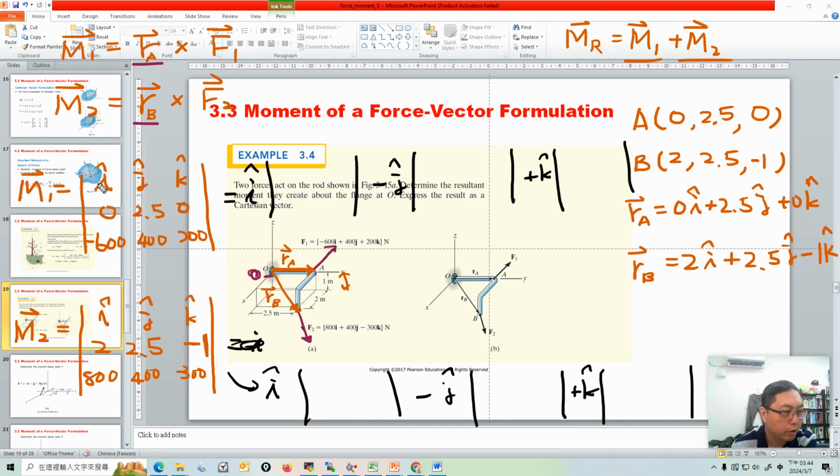For the i, we block this element, so it has 2.5, 0, 400, 200.